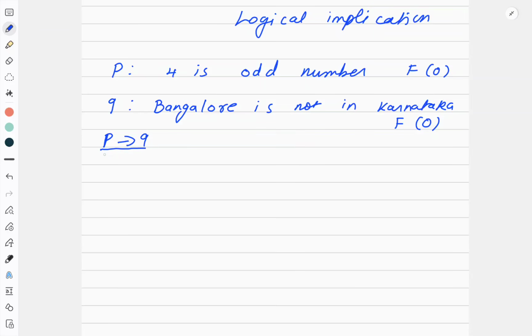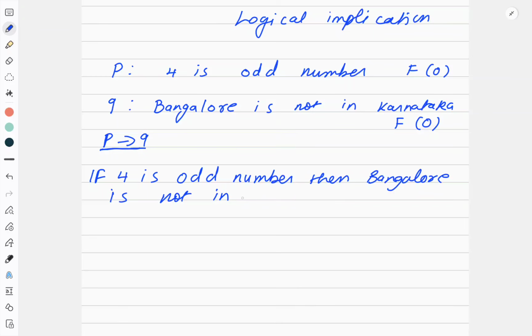So how will I write this in English, keeping this P and Q in mind? I'll write: if 4 is odd number, then Bangalore is not in Karnataka.